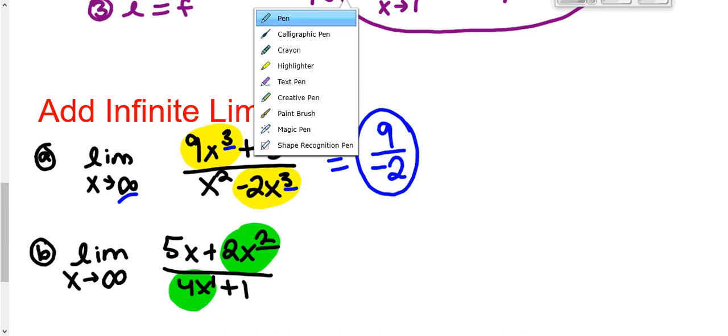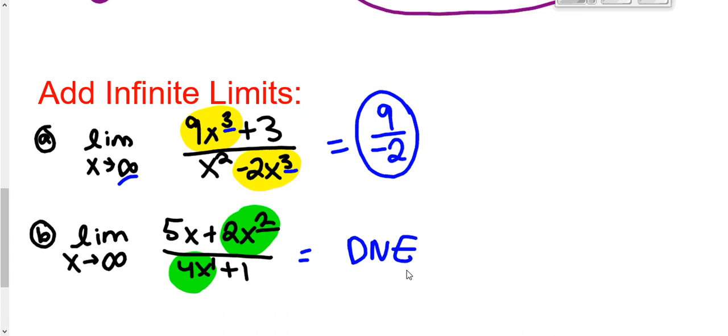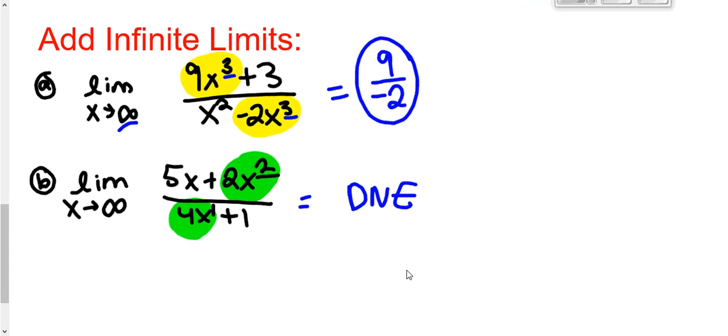That means that the exponent is higher on the top. Whenever an exponent is higher on the top, our rule says that the limit doesn't exist every single time. That's all you have to do. You just have to know the rules and be able to apply them. You can figure it out another way, but it's so much easier just to learn the rule because that takes 2 seconds. Actually solving out, dividing the top and the bottom, takes a lot of time.